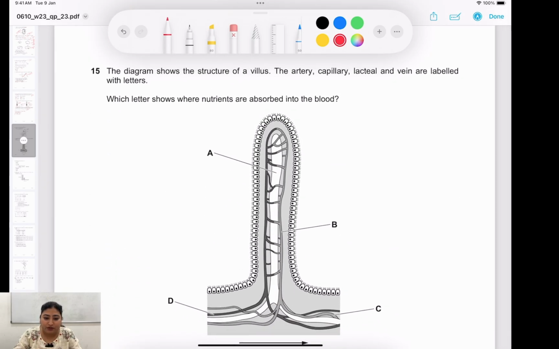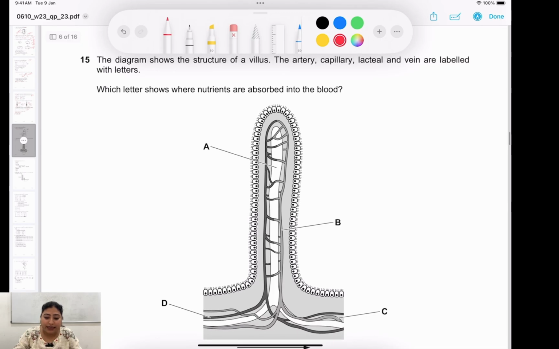Moving to question number 15. The diagram shows the structure of a villus. The artery, capillary, lacteal and vein are labeled with letters. Which letter shows where nutrients are absorbed into the blood? You have to recognize each and everything.